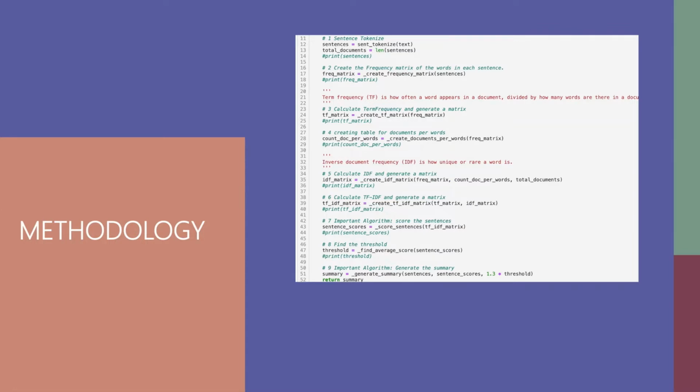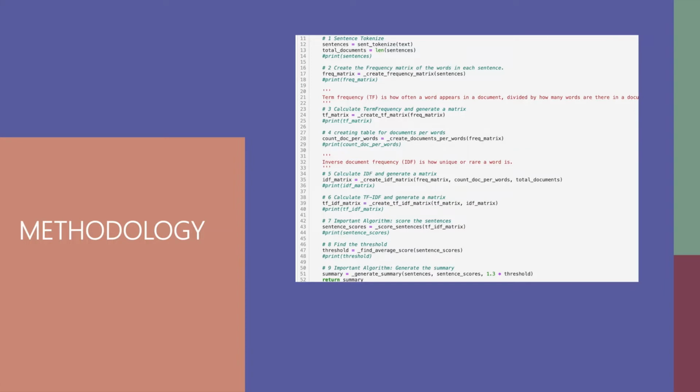So now I would like to explain the methodology for this project. First of all, we have created the word frequency table. For that, we have only used the words that are not part of the stop word arrays. After that, we have tokenized the sentences, and for that we have split the text string into a set of sentences.